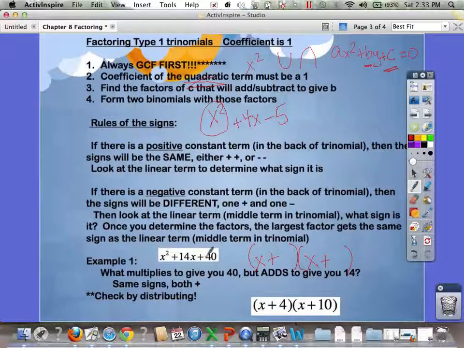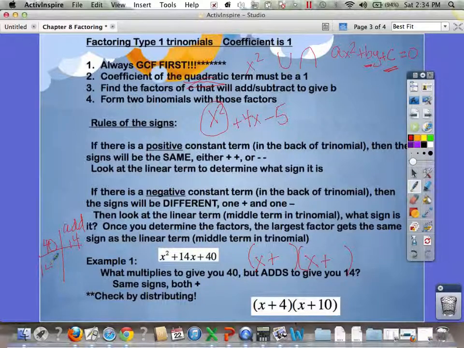Then you say factors of 40, things that multiply to give you 40, but add to be 14. So if you need to make a little table, you would make a little table like this, and you say factors of 40 that add to be 14. And then you decide what things multiply to give you 40.